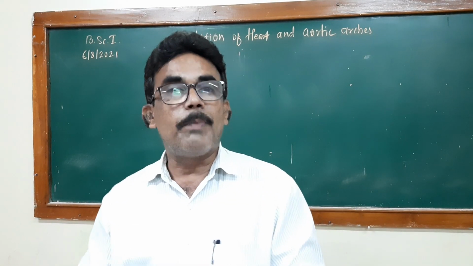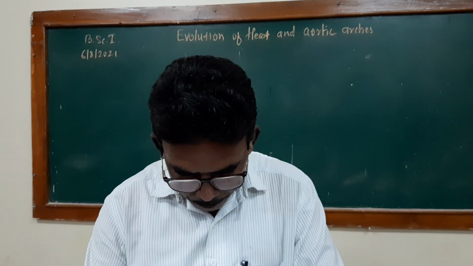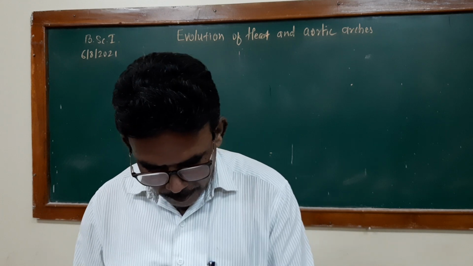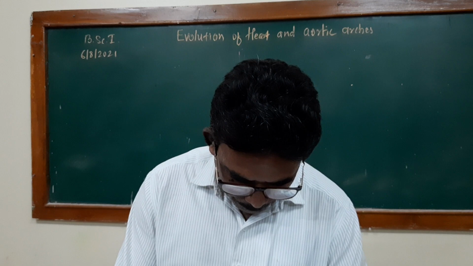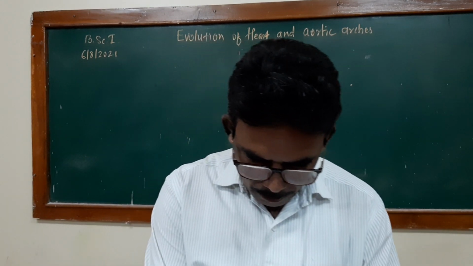Capillaries are there, which are found over the surface of the body, and the lymphatic system, that is lymph and lymph channels, lymph capillaries, lymph vessels, lymph nodes.